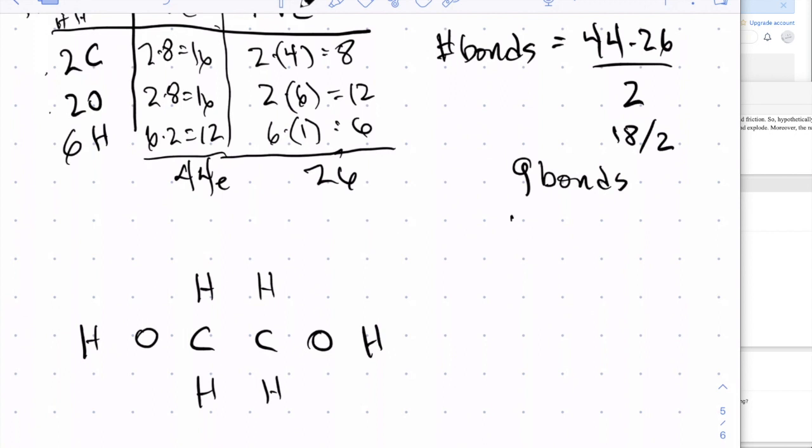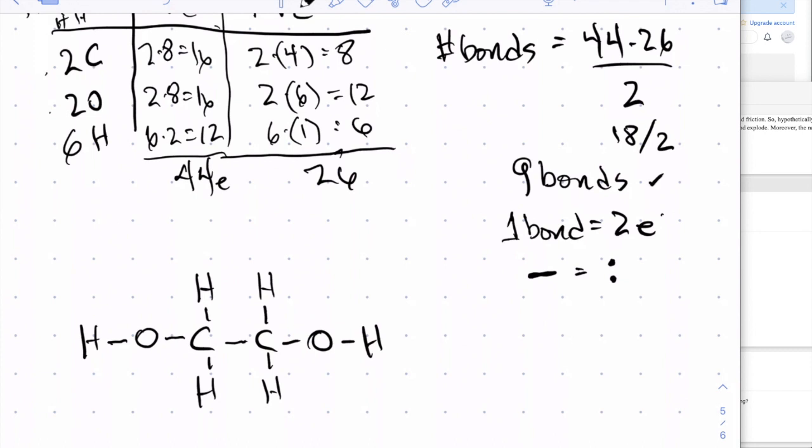Remember that 1 bond equals 2 electrons. So for every line I write, that is equal to 2 dots. So that's 2 electrons, but that's 1 bond, 2 bonds, 3 bonds, 4 bonds, 5 bonds, 6 bonds, 7 bonds, 8 bonds, 9 bonds. So we've taken care of our 9 bonds.